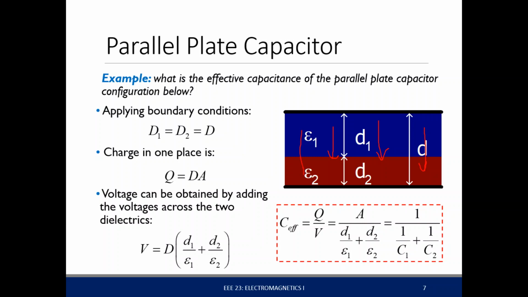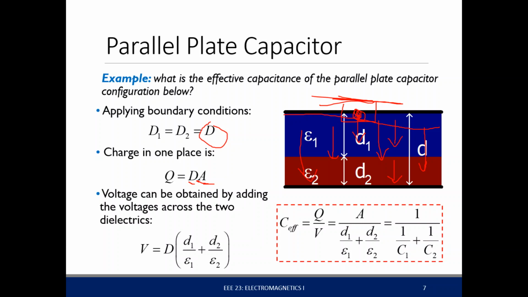Therefore, the flux at material 1 is equal to the flux at material 2. Let's call that D. The charge in one plate, by the boundary conditions, is defined by the flux immediately at this point, D, times the area of your parallel plate, D times A.